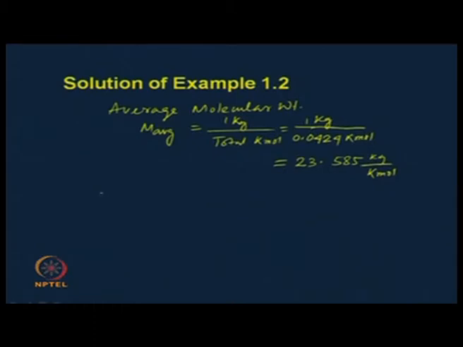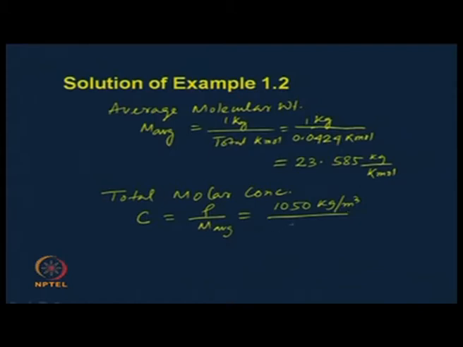Now, the total molar concentration is defined as C is equal to rho by M average. So, rho is given, which is 1050 kg per meter cube divided by M average, which is 23.585 kg per kmole.